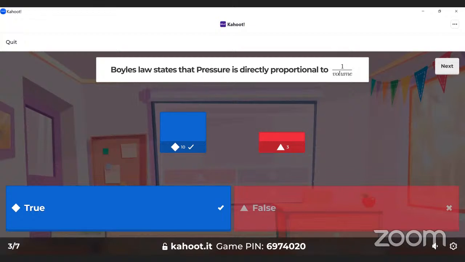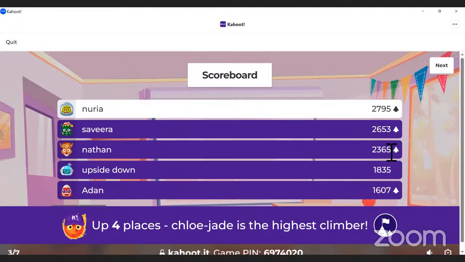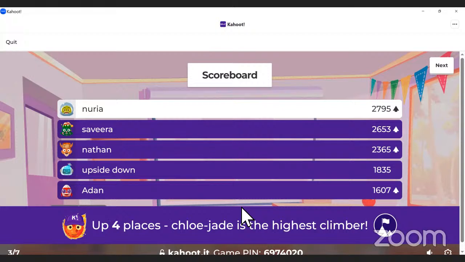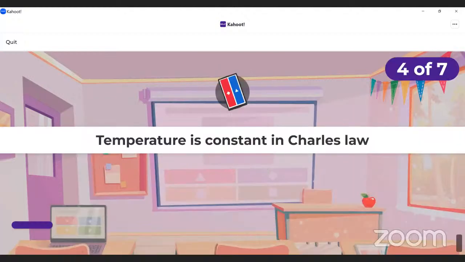Right, so the answer is true. It's inversely proportional to volume, right? Not one on volume, right? Noria take over. Ooh, Sabira close. Nathan there too. What happened there? You get that one wrong. Who coming up there? Chloe coming up. She jumped four places.